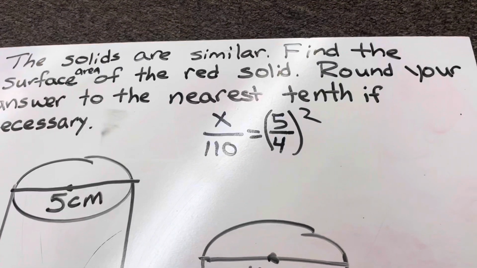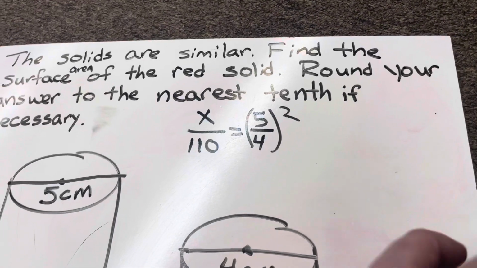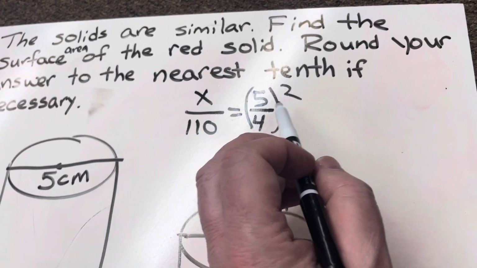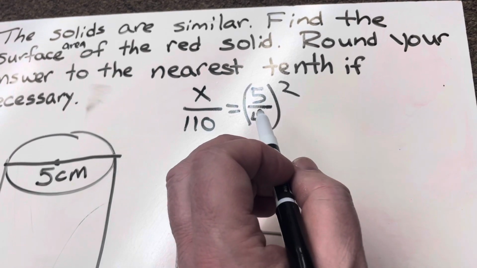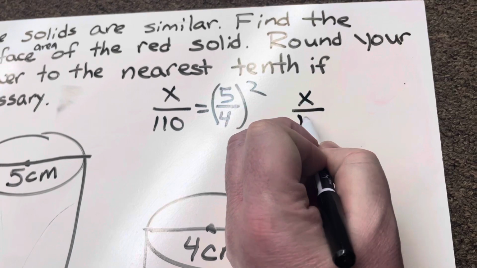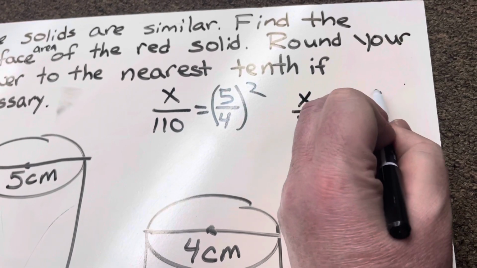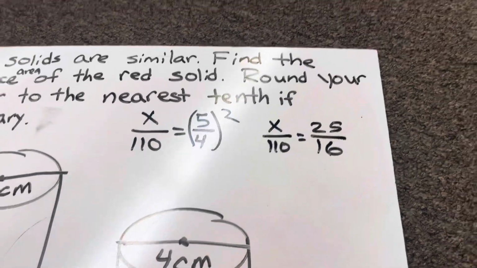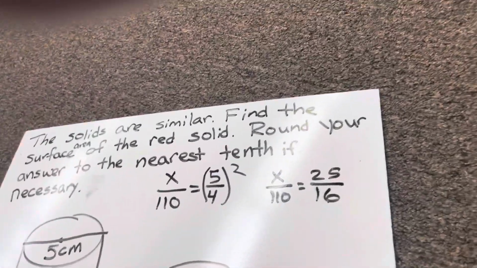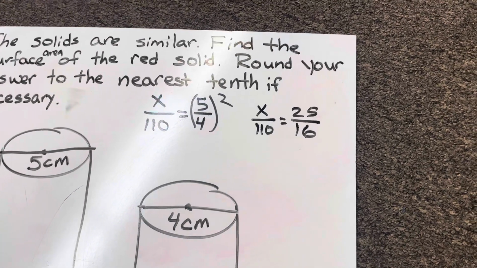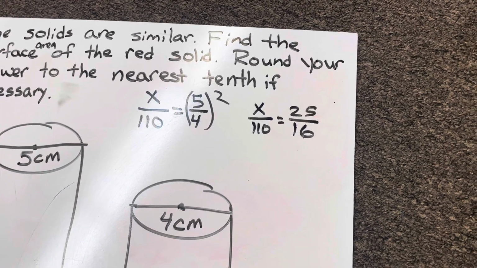So essentially I'm saying 5 to the power of 2 is 25, 4 to the power of 2 is 16, so x over 110 equals 25 over 16. All right, now I need to go ahead and get my calculator here, so I'm going to pause this video to find the calculator.